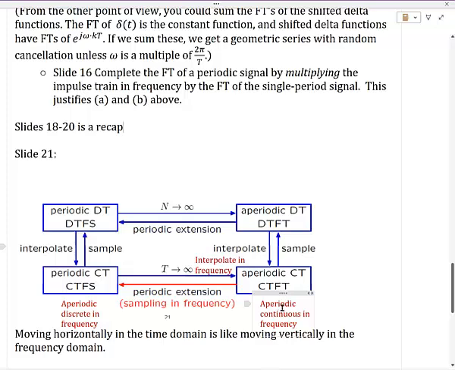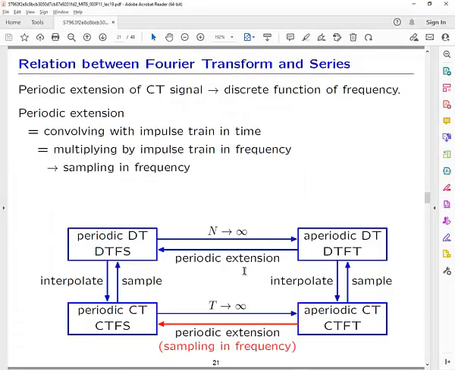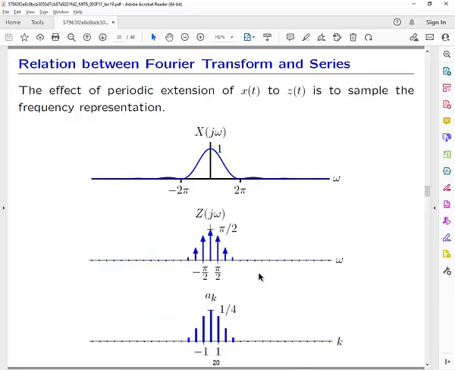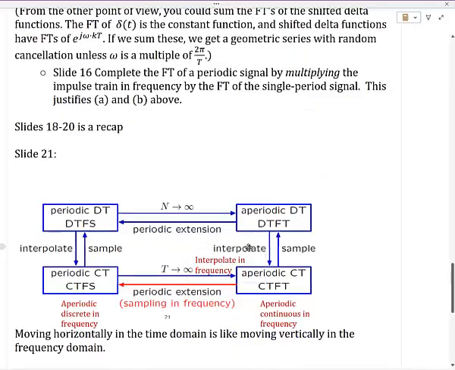So if he showed how to go from here to here, if you look at the original Fourier transform that he has back here, this is aperiodic and continuous in frequency. So if you think about going backwards, this becomes aperiodic and discrete in frequency. So you're sampling at various frequencies. If we think about going backwards, we're sampling in frequency. Okay.